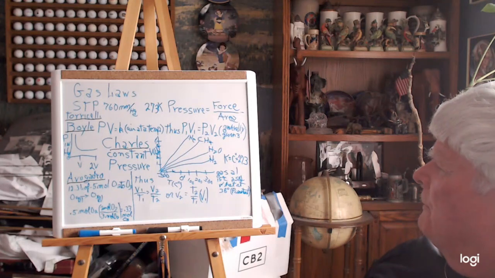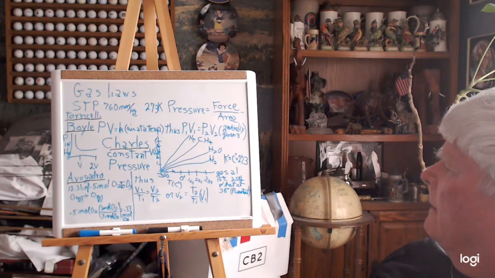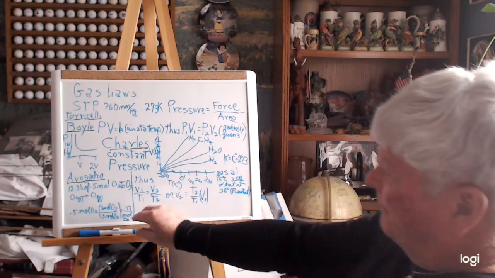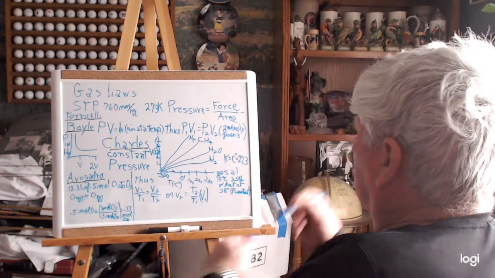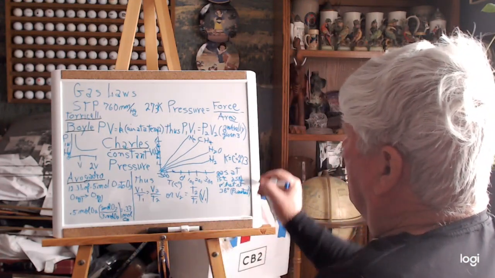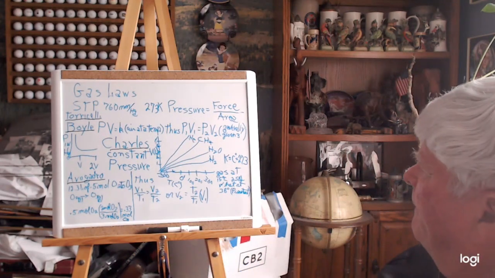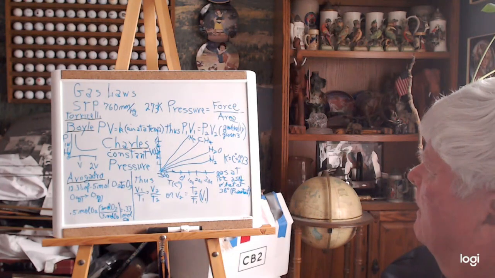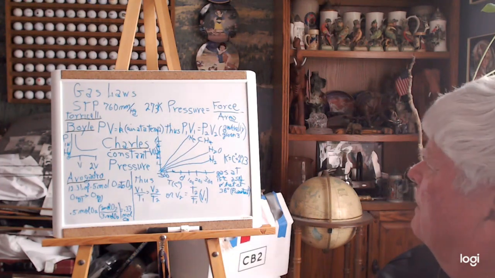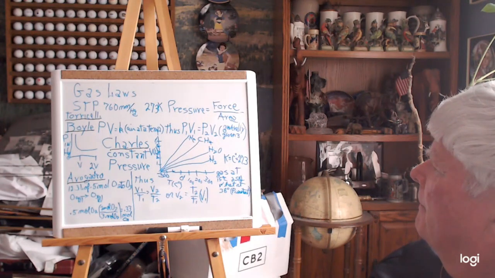You can actually formulate a problem. Say a gas at 15 degrees centigrade has a volume of 2.58 liters. What's its volume at 38 degrees with the pressure constant? Well, you can do that pretty straightforwardly.